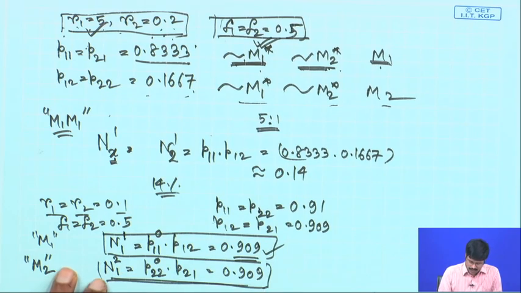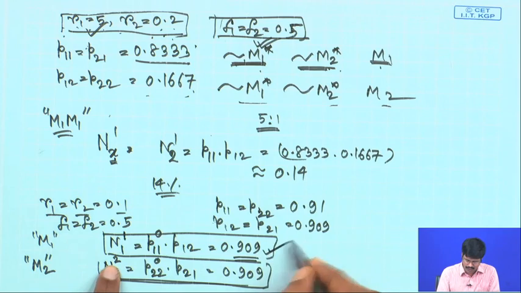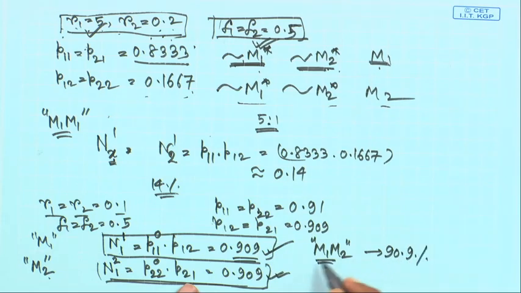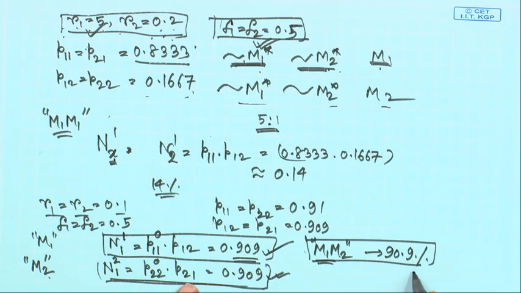So, the propensity to have only one M1 unit isolated is 0.909, only one M2 unit isolated 0.909. So, basically the propensity to have M1 M2 units is 90.9%, something like that, not 100% because this is not a perfectly alternating situation.